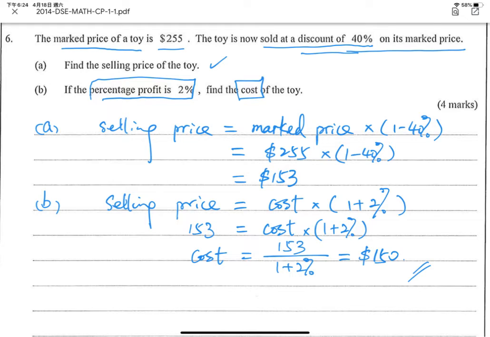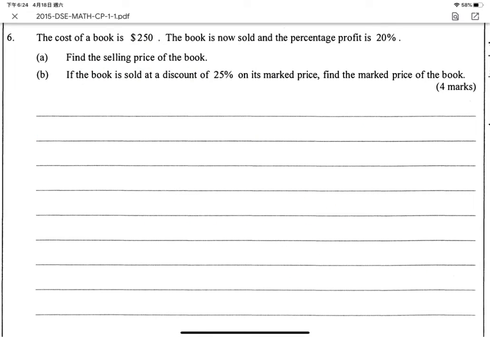Okay, let's move to the next example. Here, let's read the question together. The cost of a book is $250, and the book is now sold, and the percentage profit is 20%. Find the selling price. As we all know, selling price equal to the cost times 1 plus profit percent, 20%.